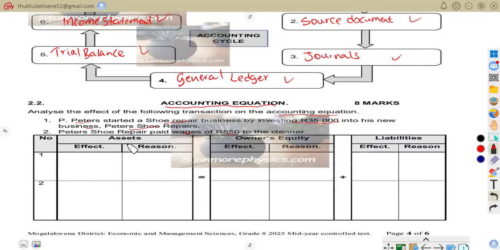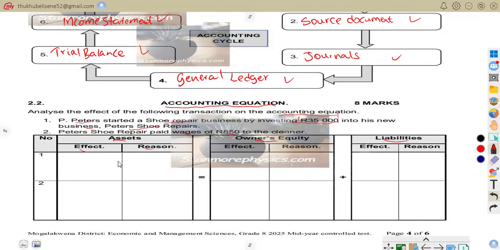The accounting equation is assets equal owner's equity plus liabilities. So we are going to have our assets, our owner's equity, and our liabilities. We want to know the effect and the reason. Let us start with the assets. The first one says Peter started the shoe repair business by investing 35,000 into his new business.